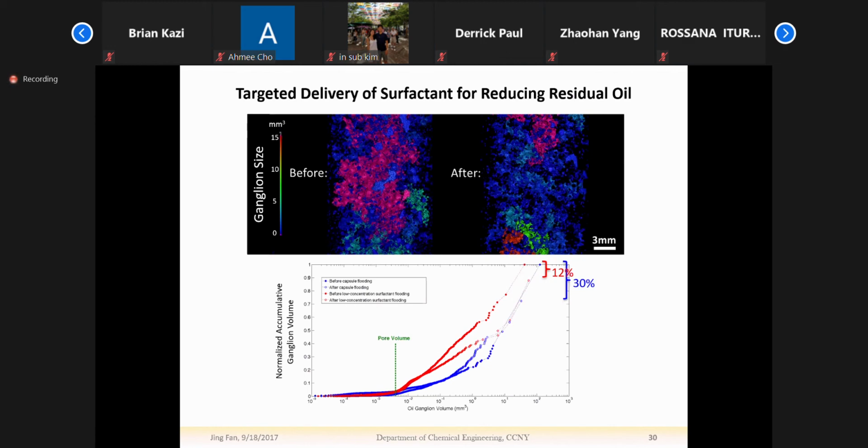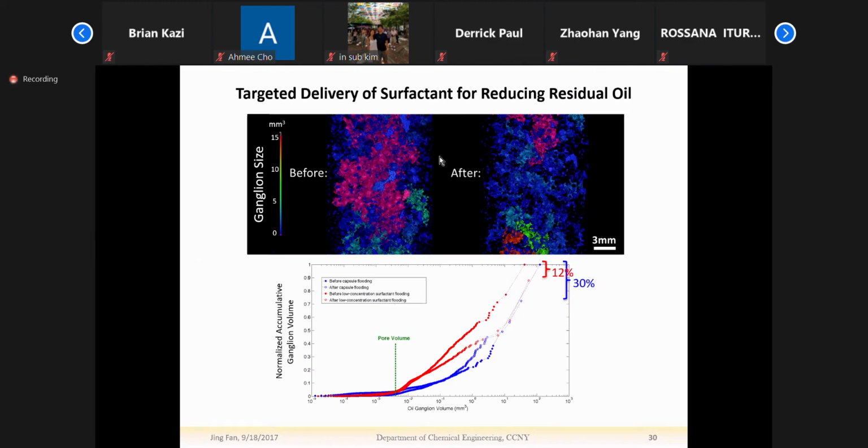In one case, we encapsulate it in the capsules and deliver it to the interface only at a high concentration. In the other case, we dissolve the same amount of surfactant directly in water, so we flood the surfactant solution into the model porous media at a relatively low concentration.